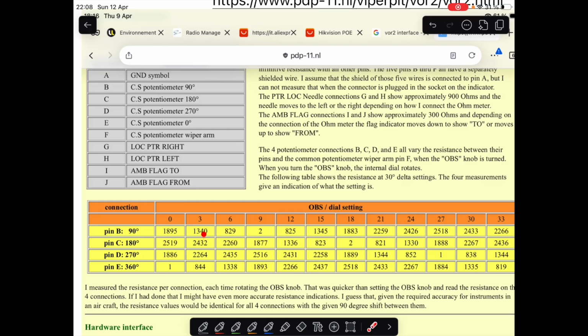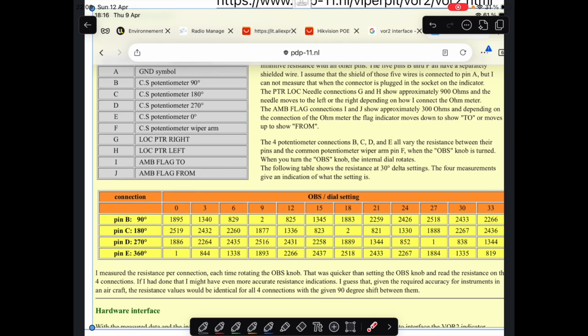And thanks to these 4 different values, we are going to be able once again to reconstruct the sine and cosine components, and from this we're going to be able to get the angle. We're going to see this when I show you the code that I implemented in the firmware.